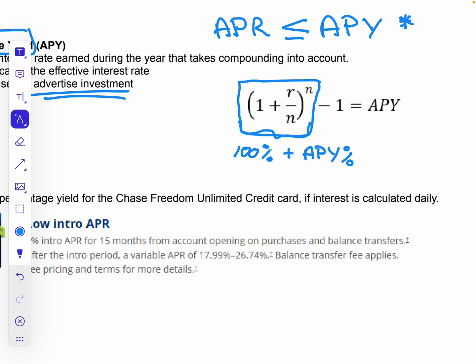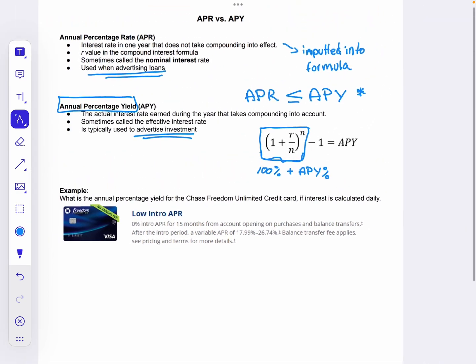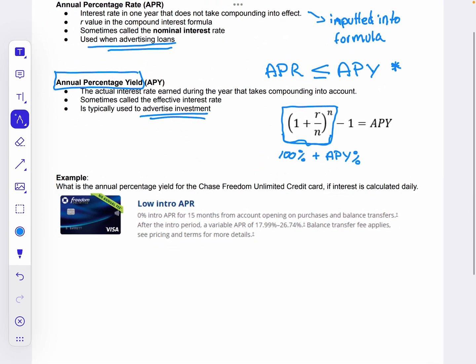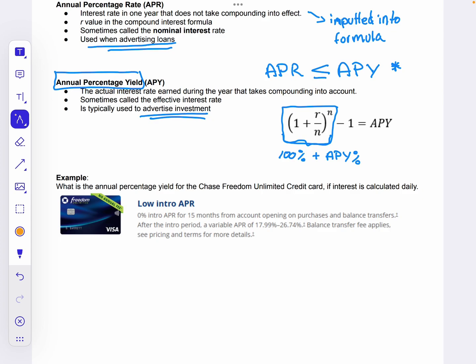So here we have, and I went online to research, a credit card. And you'll notice when you're dealing with credit cards, they'll say it has a variable APR. And often that APR depends on your credit score. But for the sake of this, we have 17.99% and 26.74%.